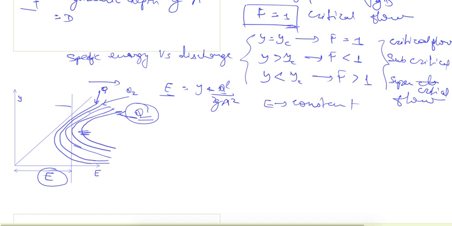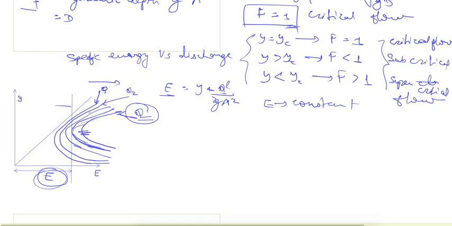So this we will use when we apply specific energy to find out the flow through transitions and how the depth varies in the transition case. But here we can see that the maximum discharge which can pass through a specific energy will come when this discharge curve just touches the specific energy line.